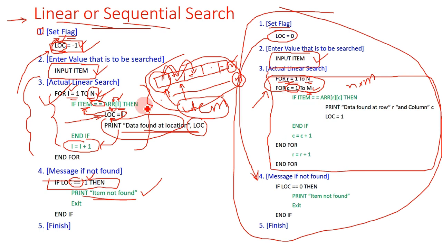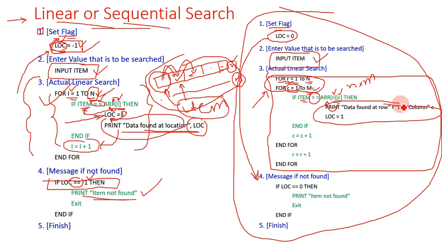Inside this, a single if statement can do our work. If the value at the r row and c column of the array is equal to the item, it means the item is found.